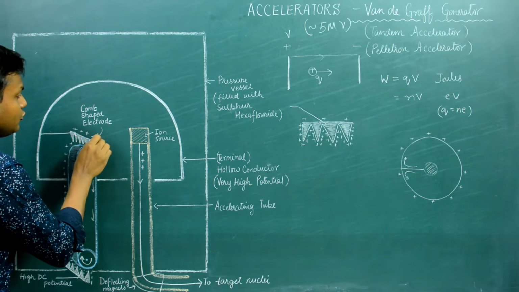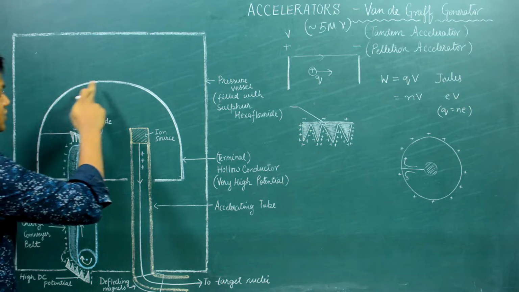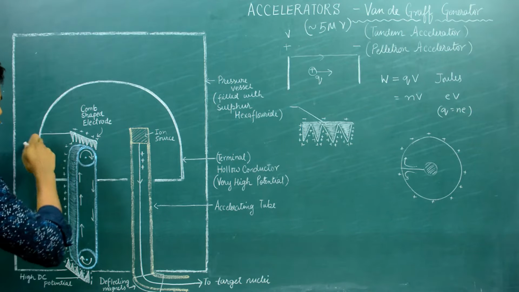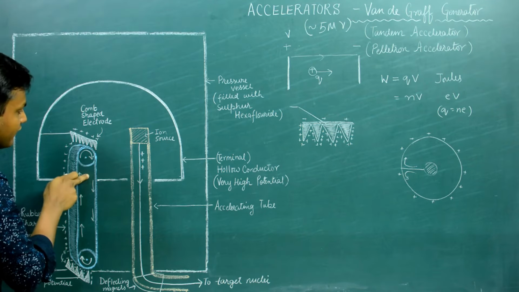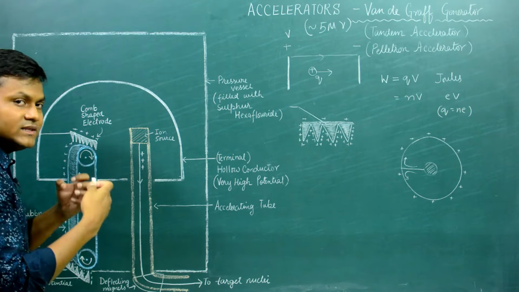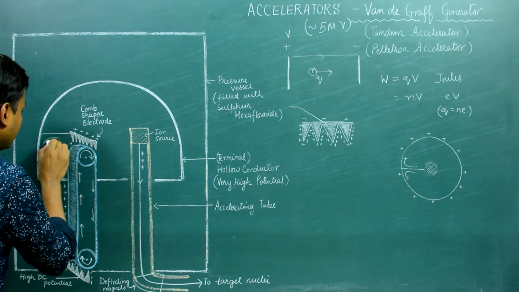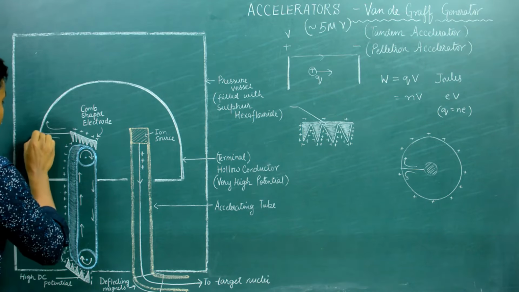As I explained to you, because of this principle, the moment it comes in contact with this hollow metallic conductor, electrons from the hollow metallic conductor will again get transferred to the conveyor belt. So the conveyor belt surface again will become neutral, but this will effectively mean that these positive charges are getting transferred to the outside surface of this hollow metallic conductor.